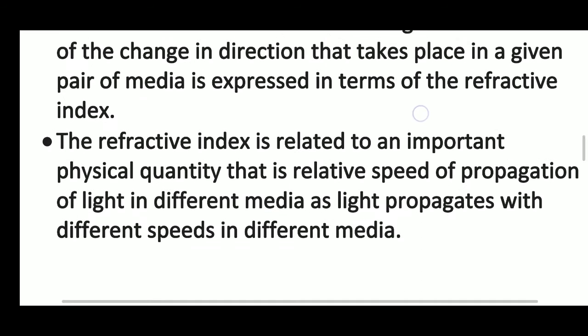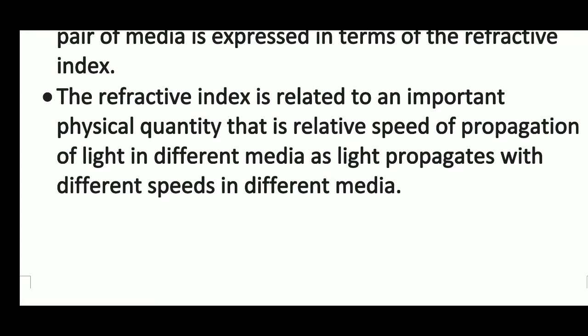The refractive index is related to an important physical quantity, that is the relative speed of propagation of light in different media, as light propagates with different speeds in different media. Every medium has a different speed of light, and the ratio of speeds of light gives us the refractive index.